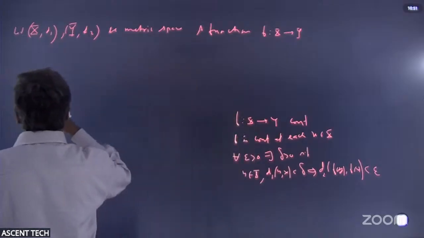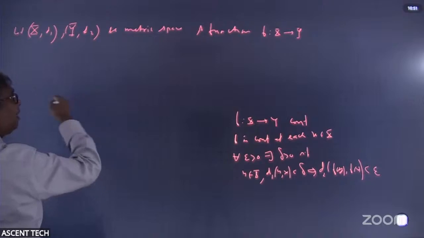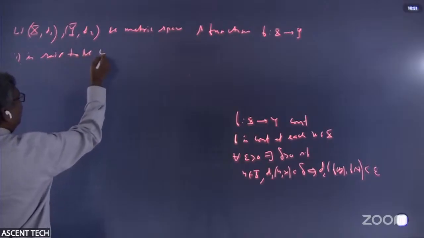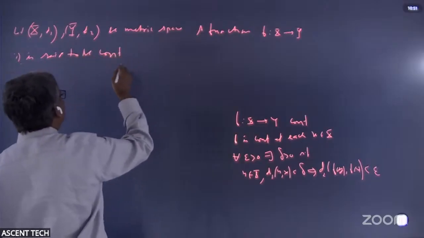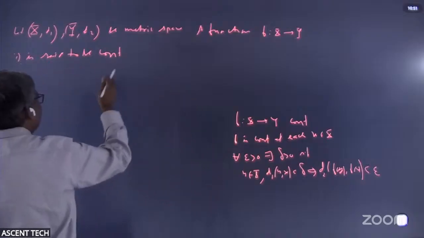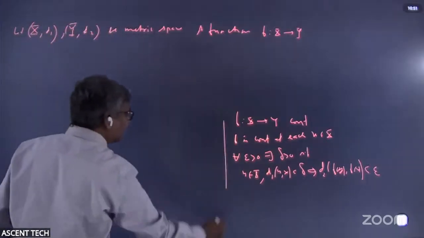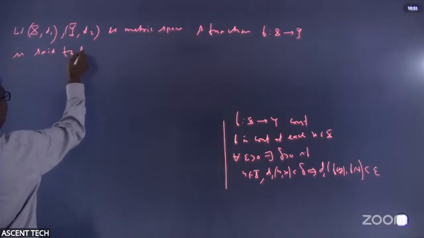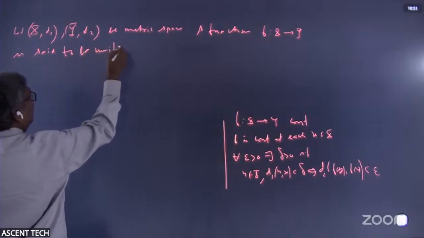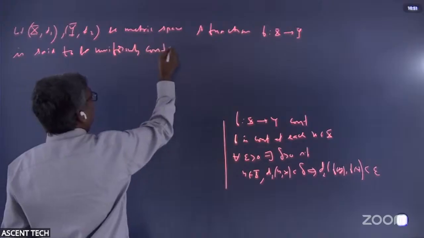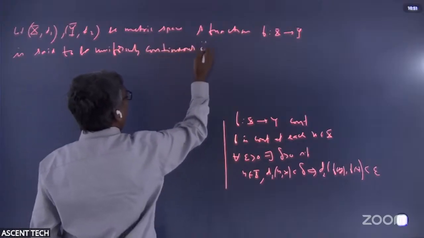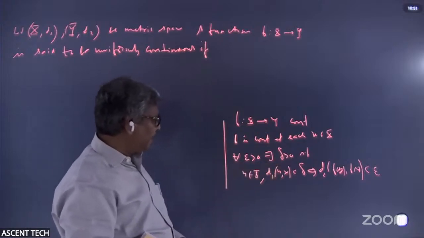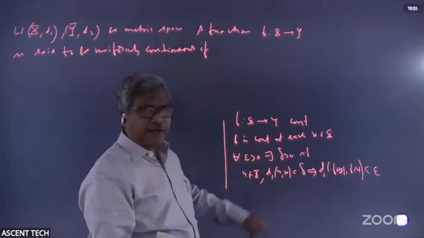Now I have talked about continuity; let me talk about uniform continuity. A function f from X to Y is said to be uniformly continuous if... In continuity, the choice of delta corresponding to epsilon depends on where I'm talking about continuity.